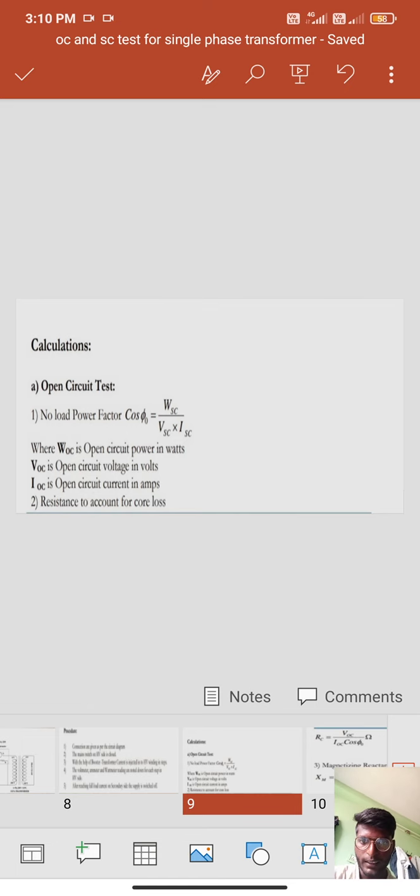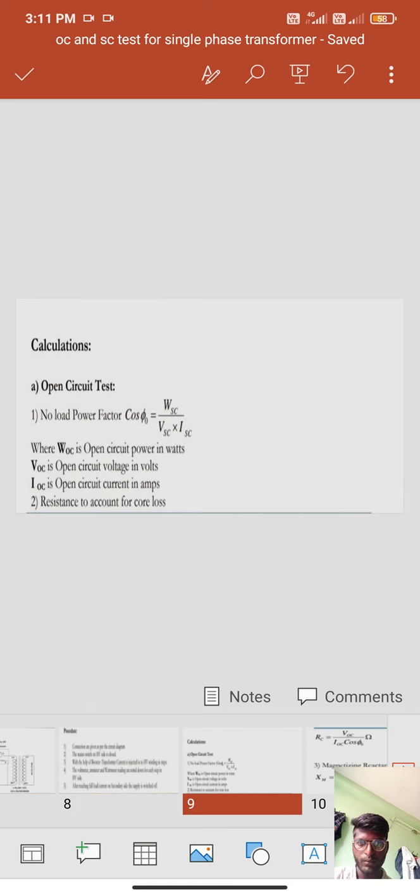Calculation for open circuit test. No load power factor cos phi equals W0 by V0 into I0, where W0 is the open circuit power in watts, V0 is the voltage in open circuit, and I0 is the open circuit current in amperes.